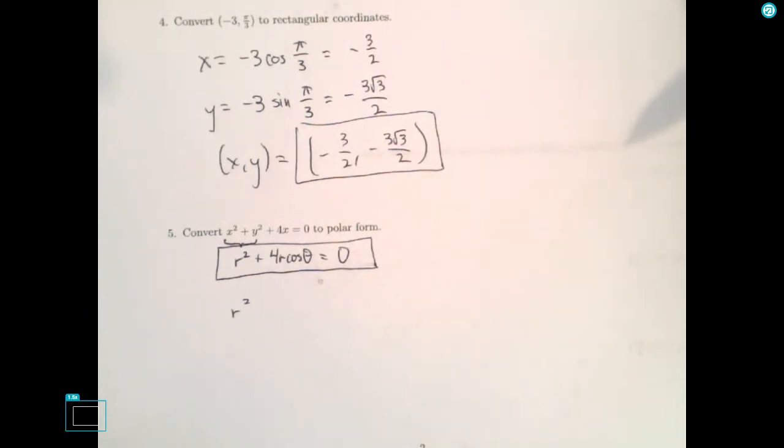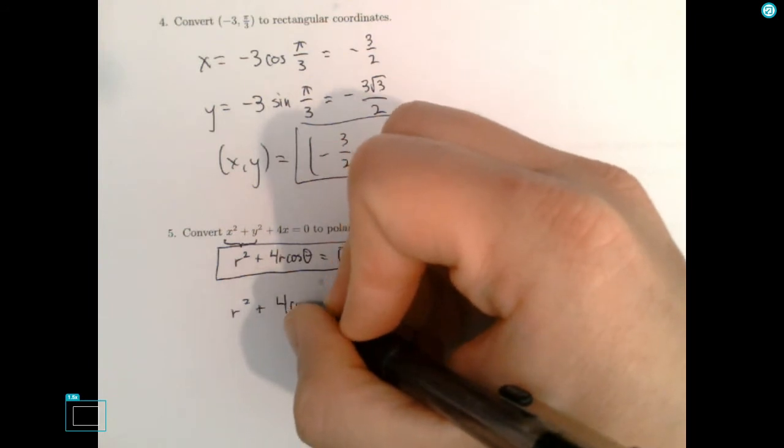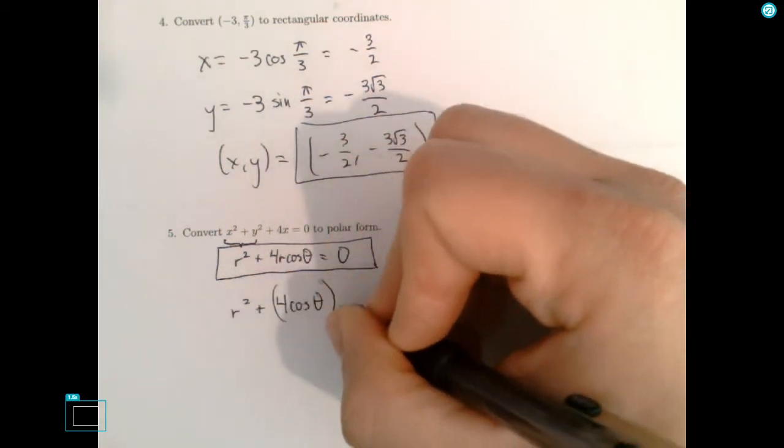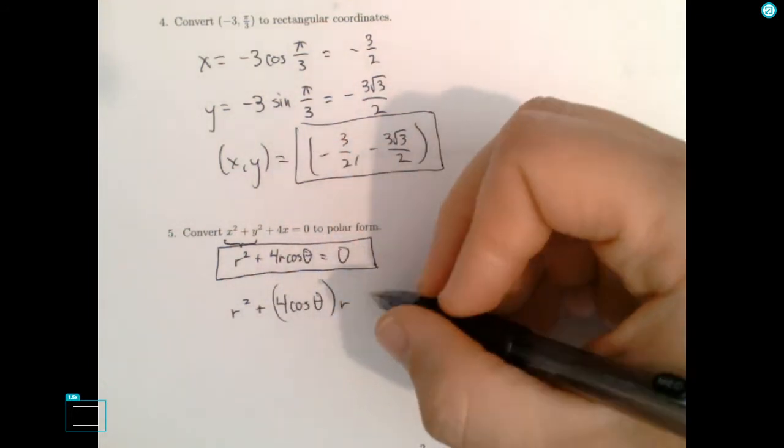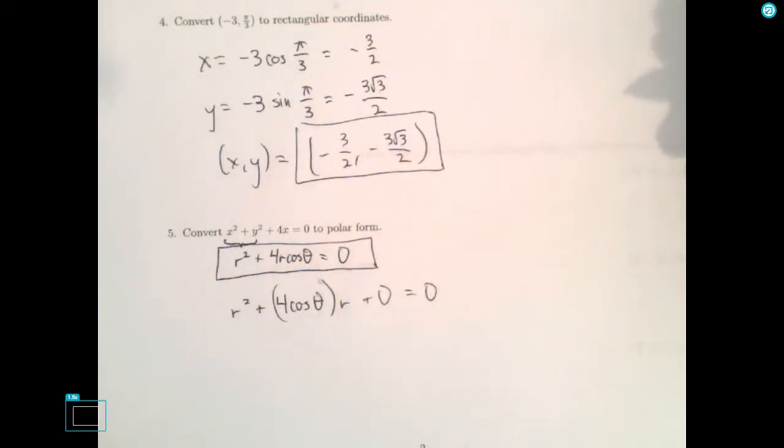But if you wanted to try to solve for r, you could think of this like r squared plus 4 cosine theta times r, plus 0 if you like, equals 0. And then you can use the quadratic formula. Right?